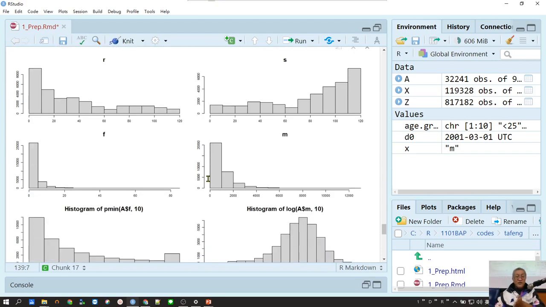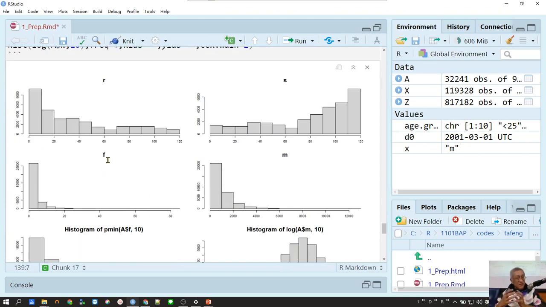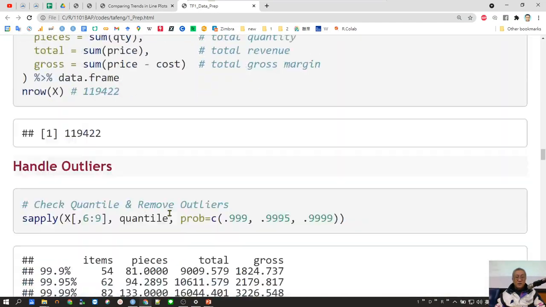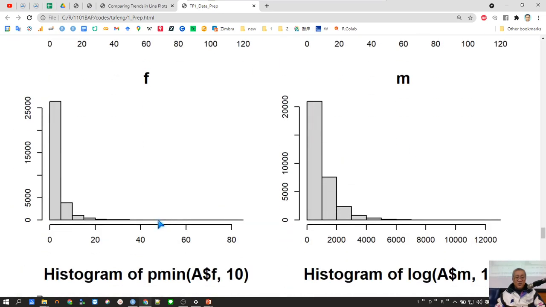And then we can see the distribution of RFMS. As I told you, F is easier to understand. F is the number of times the customer buys from us. Let's go to here, it's easier to see. So this is the distribution of F. F stands for frequency, which means the number of times a customer buys from us.